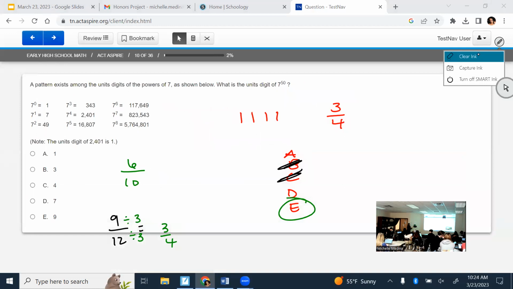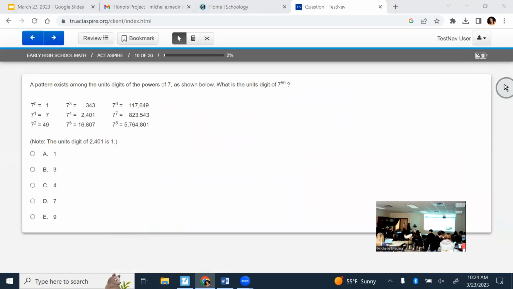All right, so number 10 you said, right? Okay, yeah, it was kind of weird, but it tells you a pattern exists among the units digits of the powers of 7. And what it means by units digit is the last number. Like it says the units digit of 2401 is 1.